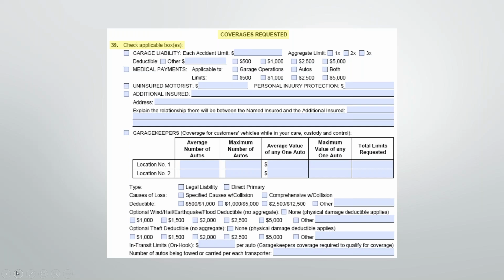Legal liability is only going to apply when the insured is negligent for a cause of loss. So let's say your client is working on a vehicle, and for some reason, they press the gas pedal and it goes into the wall. They're legally liable for that accident.